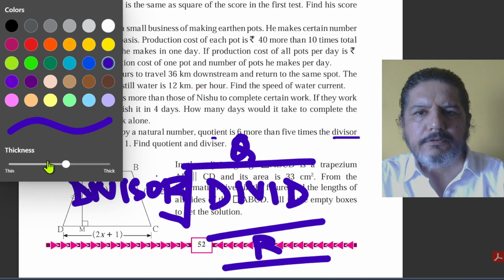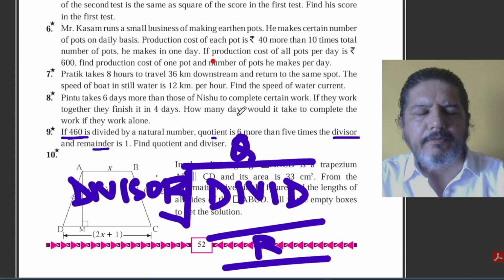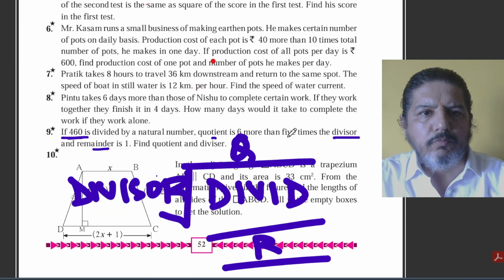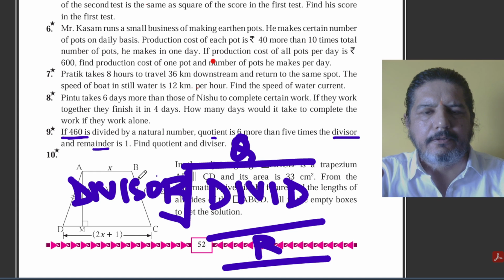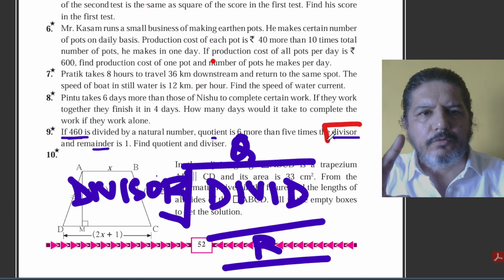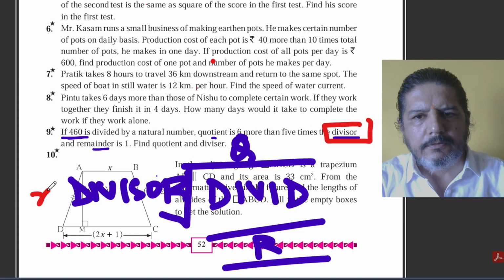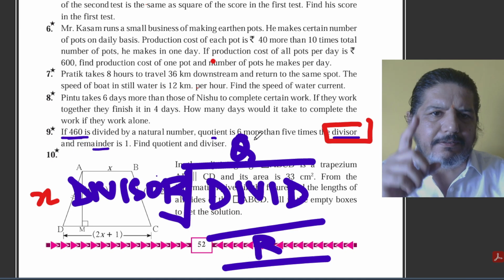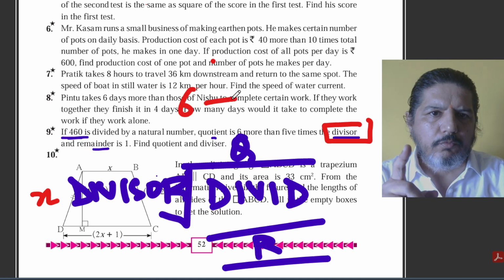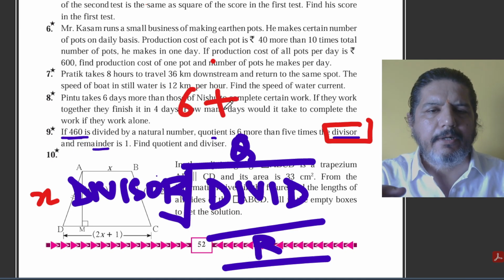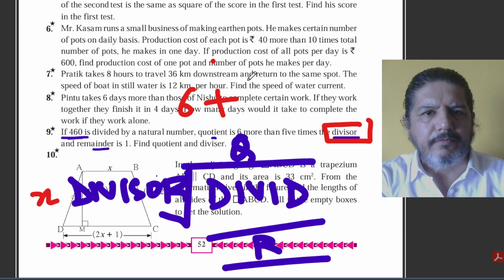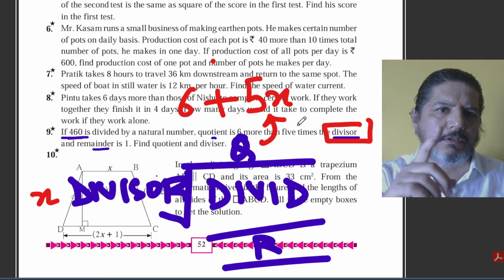Now, in the given case, quotient is 6 more than 5 times the divisor. So 5 times the divisor. Let me assume that my divisor is x. Now quotient is 6 more than, because it's more than, so I am adding plus 5 times the divisor, and my divisor is x. So basically my quotient would be 6 plus 5x.